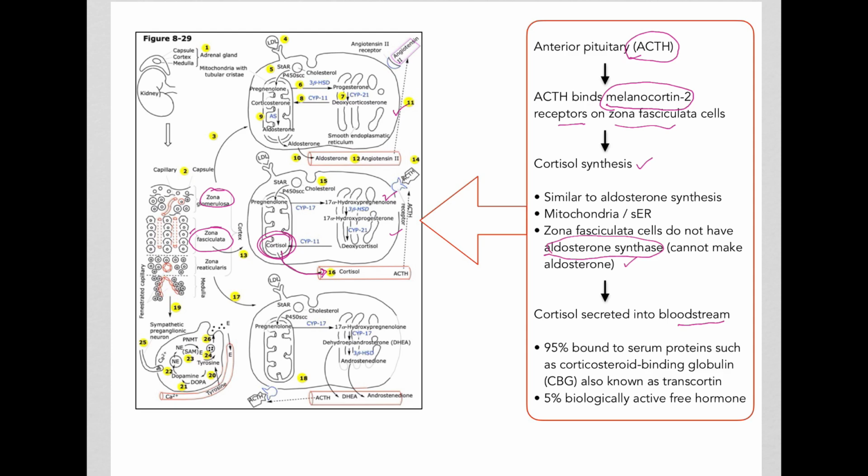So 95% of it is bound to serum proteins, such as corticosteroid binding globulin, or CBG, which is also known as transcortin. There's always a little bit that's water soluble, about 5%, and that would be the active free hormone that will carry out the physiological effects of cortisol.